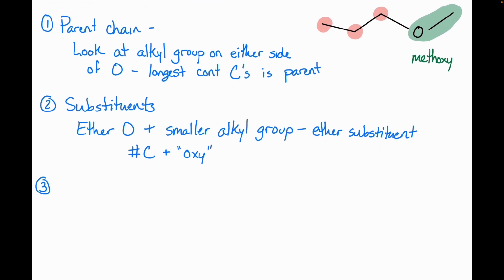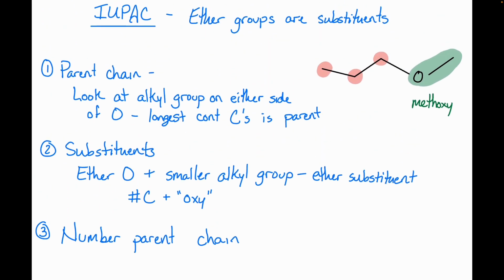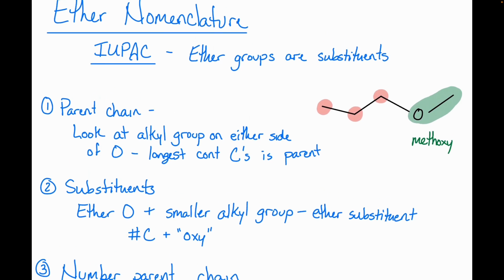Okay, so then step 4 here, we're going to number our parent chain. We're not going to prioritize that ether group because it's not a functional group, it's a substituent. Nonetheless, we still want the lowest possible numbers to appear in our name. So in this case, this methoxy group is on carbon 1.